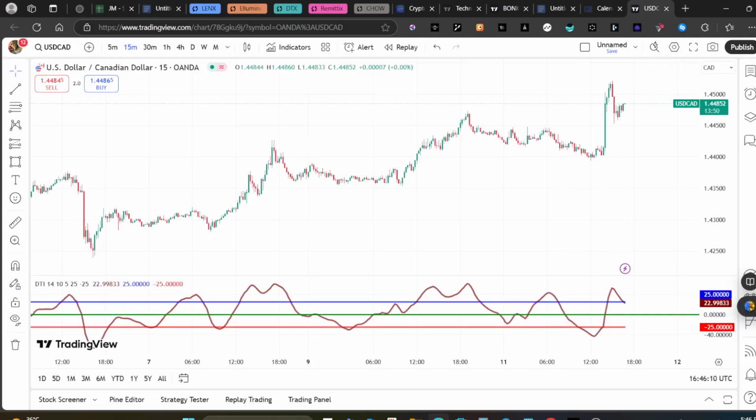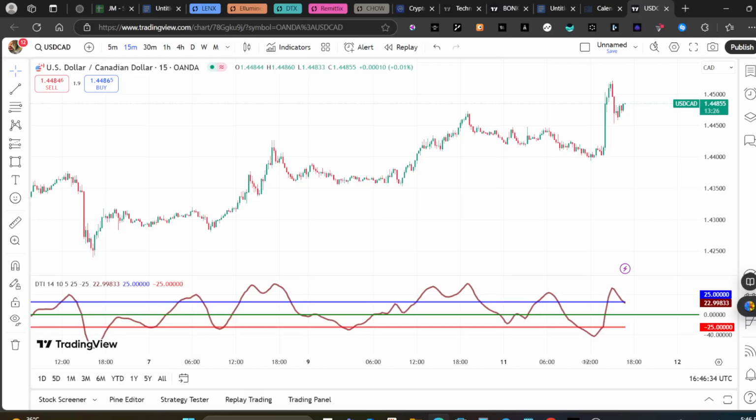First things first, what exactly is the Directional Trend Index? Okay, in simple terms, the DTI is an indicator that measures the strength of a market trend. It tells you whether the market is trending up or down and how strong that trend is. Now, the beauty of the DTI lies in its ability to smooth out the market noise.